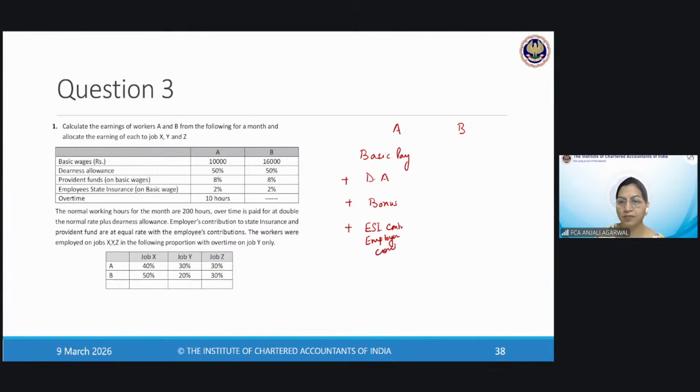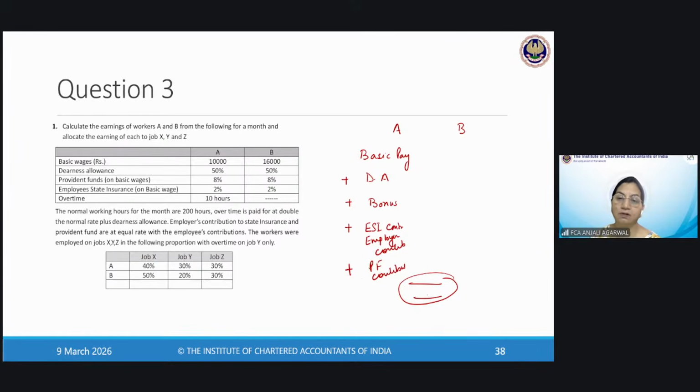Plus you may have some provident fund contributions by the employer. So this is the total the employer is spending on a worker. This is the cost of the employer for this worker.